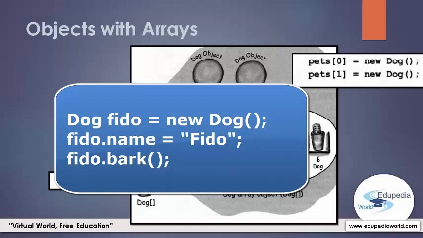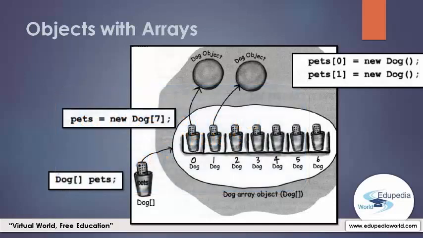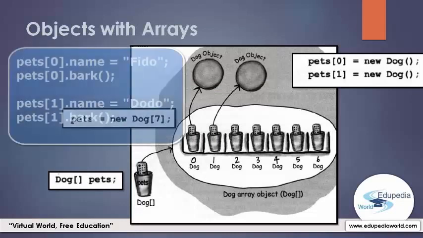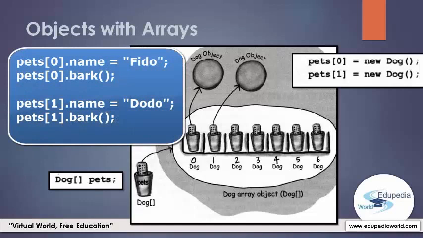But in this array, how can we access the instance variables and methods? Because in the dog array we don't have an actual variable name like Fido. So what is the solution? Even though in the array we don't have any variable naming for a specific object, we can use the index position of the object. So it is something like shown here.